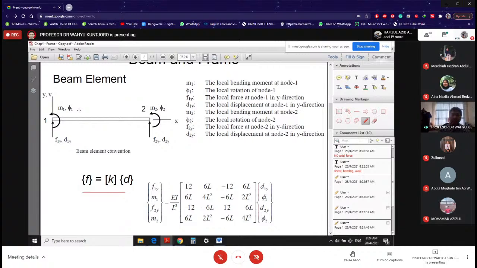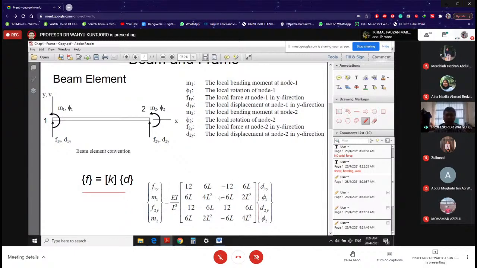So you see the effect of force and moment. You are going to have this force and moment and also displacement, which also involves rotation. Right, so it is going to be a 2 by 2.